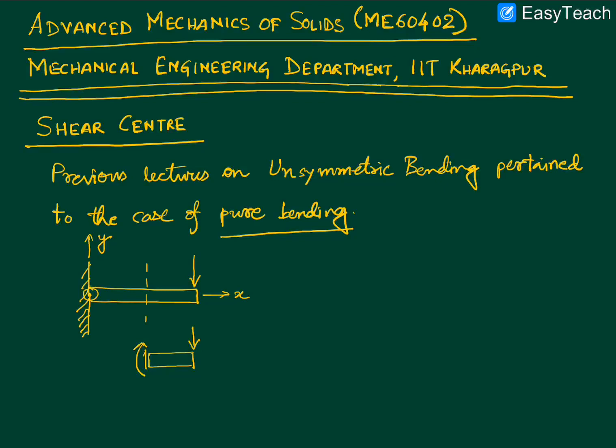Now, we have to understand that if we go to a different orientation of view, then this picture is not going to look so simple. So, for instance, if we look at the xz plane, then the cross section of the beam will actually come into view.